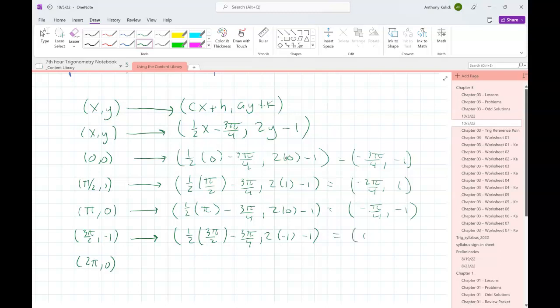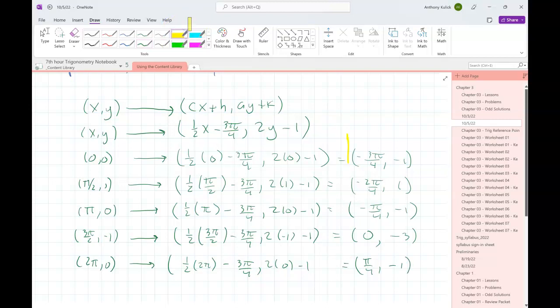Minus 3 pi over 4 is 0. 2 times negative 1 is negative 2. Minus 1 is negative 3. So 1 half times 2 pi is 1 pi. 1 pi minus 3/4 pi is 1/4 pi. 2 times 0 minus 1 is negative 1.